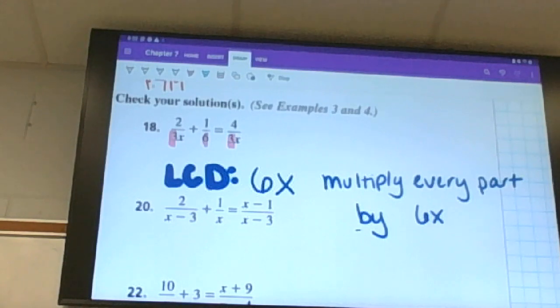Bring my equal sign down. Now what reduces? Put this over 1 again. The x's cancel. And 6 divided by 3 is 2. So now I have 2 times 4, so that's left there. That's 8.